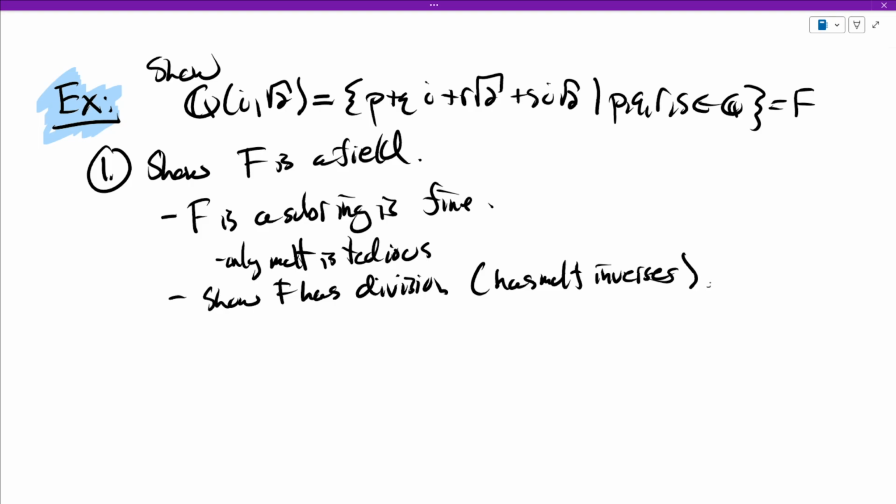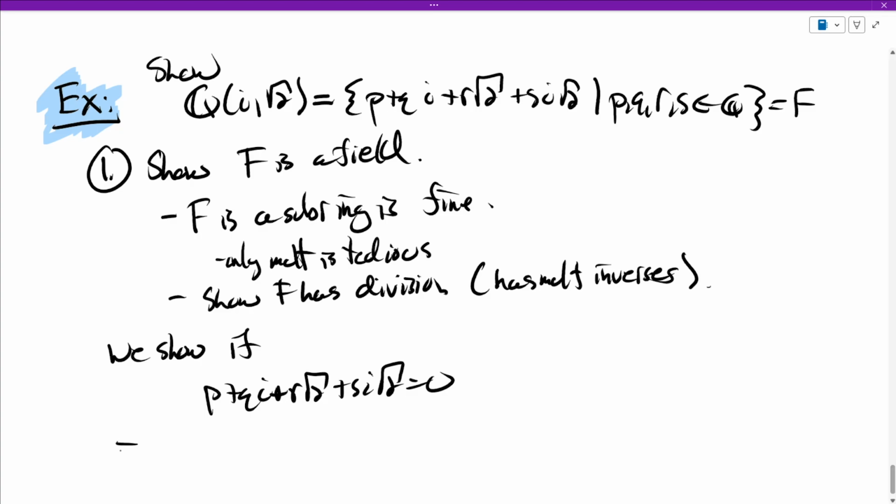The first thing we're going to do is show that if p plus qi plus r root 2 plus si root 2 is 0, then it must be that all the coefficients are 0. Now this seems intuitively obvious. It's not. We'll learn how to do this in a better way in a second. But it's not just like, oh yeah, of course it has to be 0. There is some argument here.